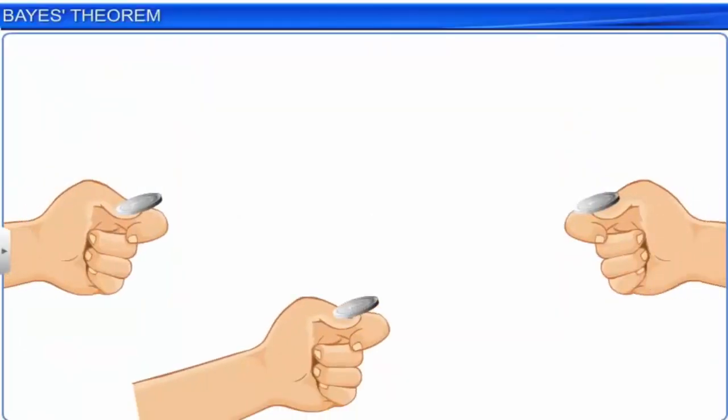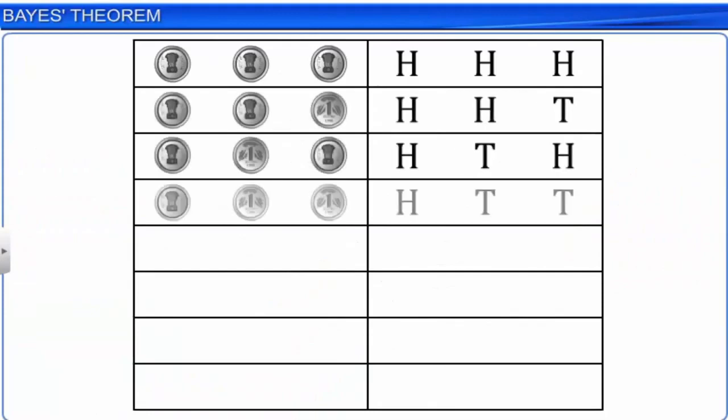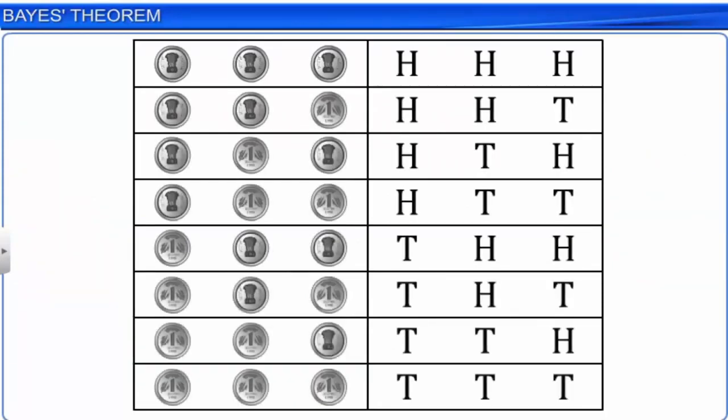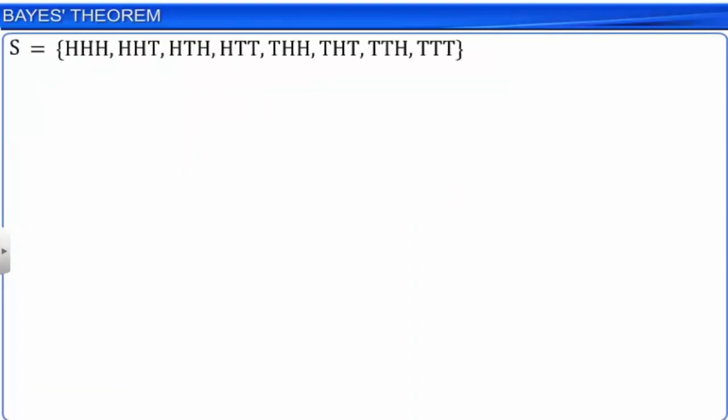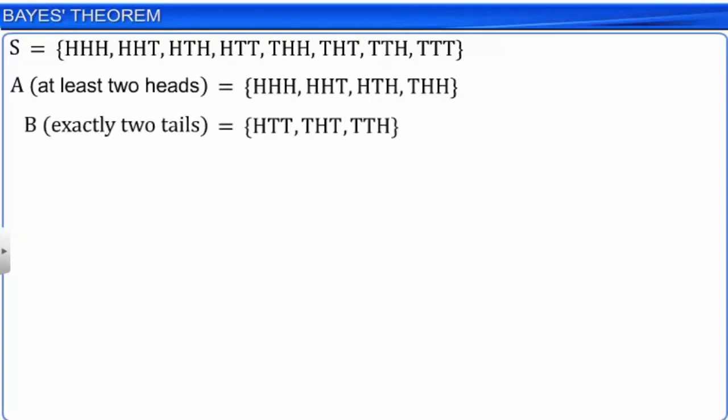Consider an experiment of tossing 3 coins simultaneously. The sample space of the experiment has 8 outcomes, which are as shown here. Consider 3 events, A, B, and C, where event A is defined as getting at least 2 heads. Event B is defined as getting exactly 2 tails. And event C is defined as getting 3 tails.